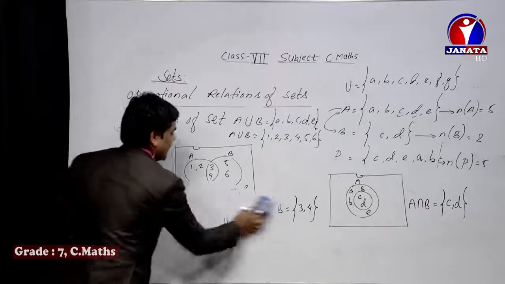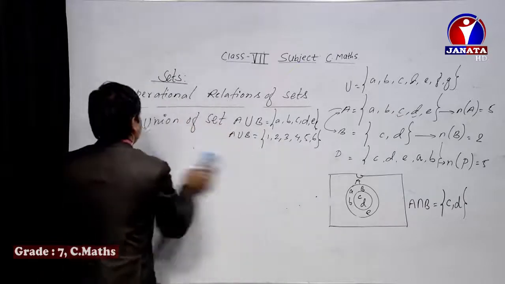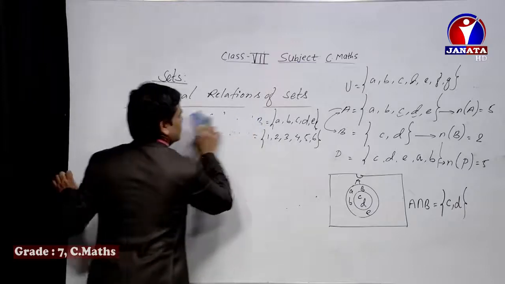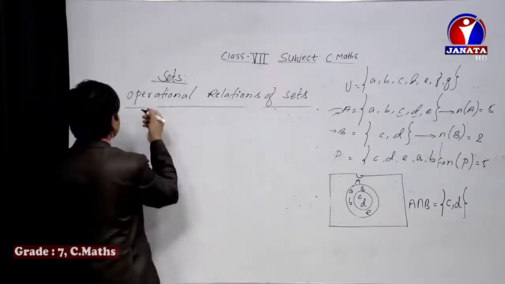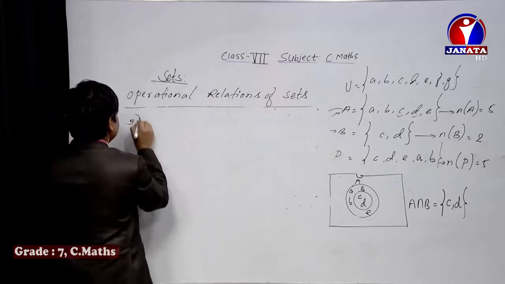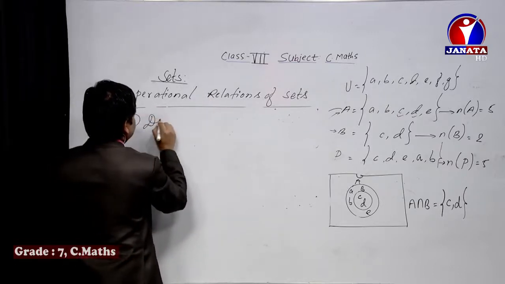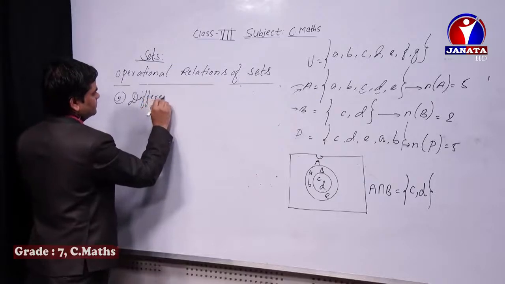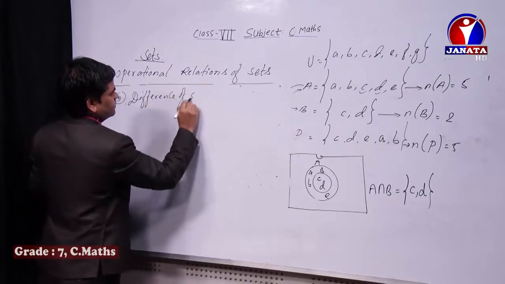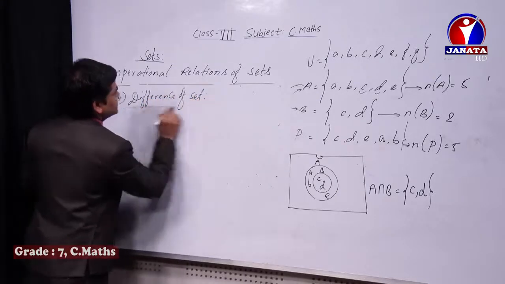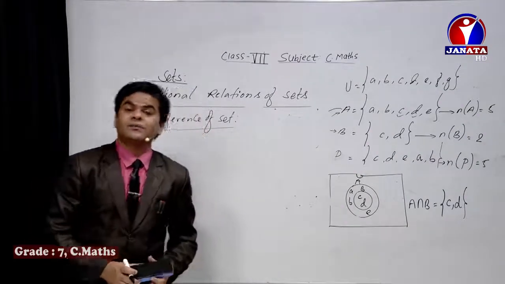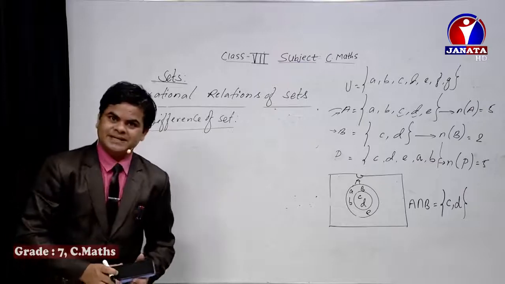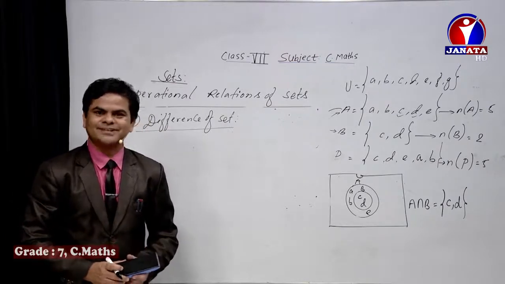Now let's focus on another one. The number 5 is, dear students, difference of sets. Some people learn it in the way of A minus B, but we cannot say so, dear students.